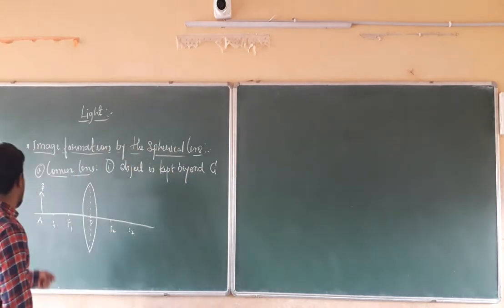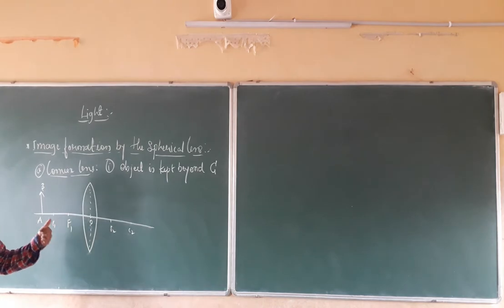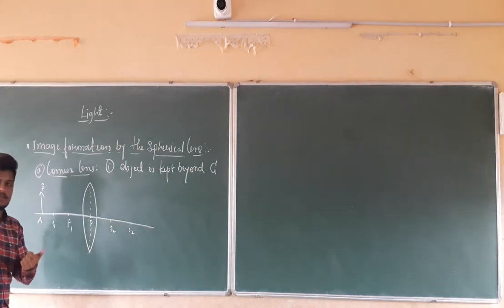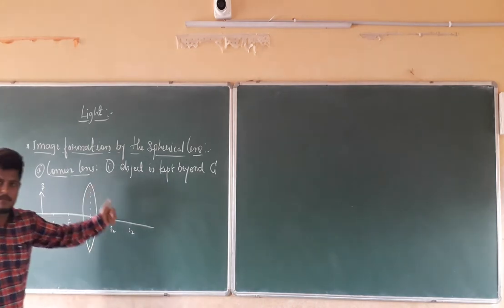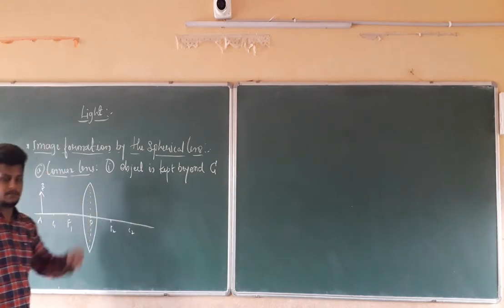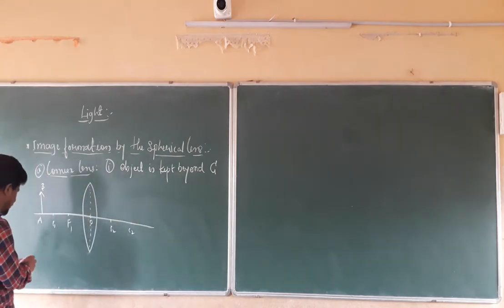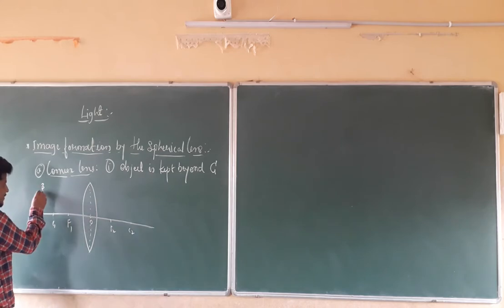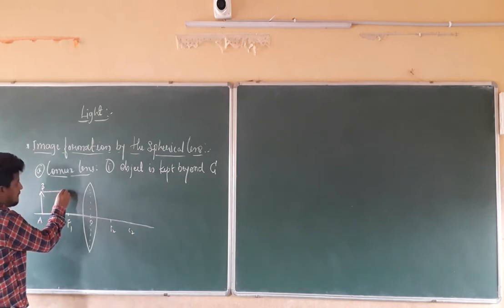Two light rays are going to come from this object, and if the two light rays intersect, then we can say that the image is going to form at that point. The first light ray is coming like this, traveling parallel to the principal axis.